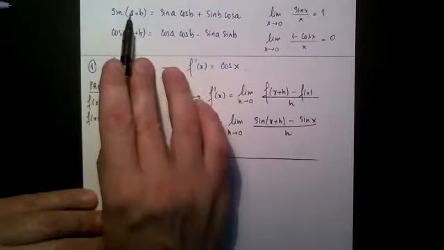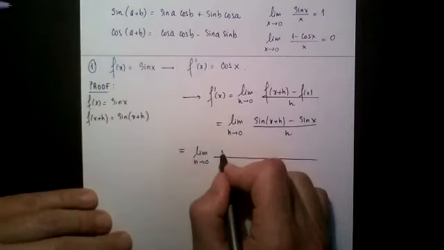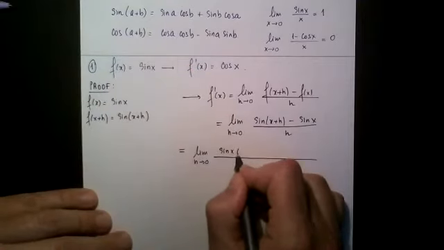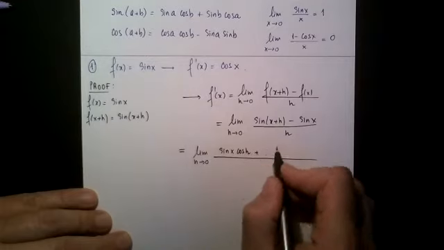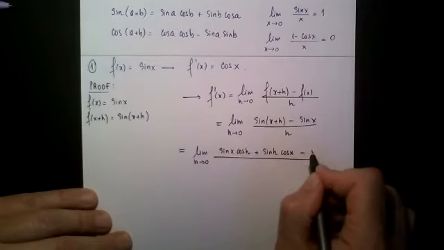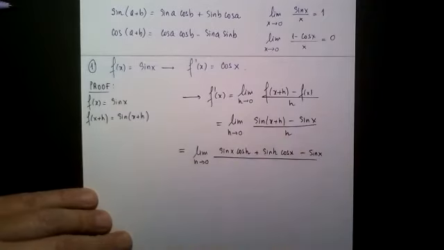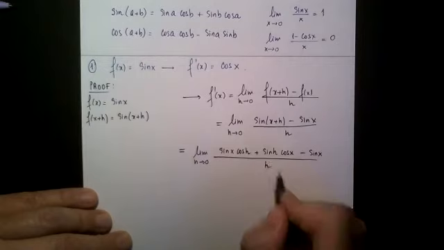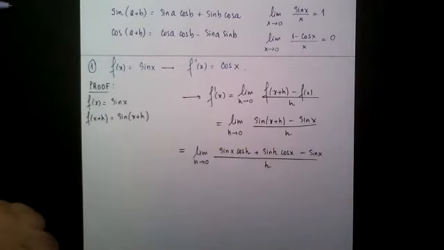I think it will be sine x cos h plus sine h cos x, and all this minus sine x, and then divided by h. Are we okay so far? All right.